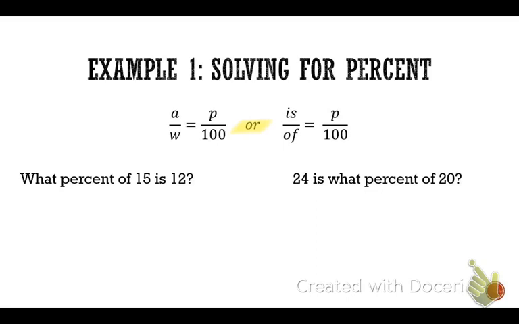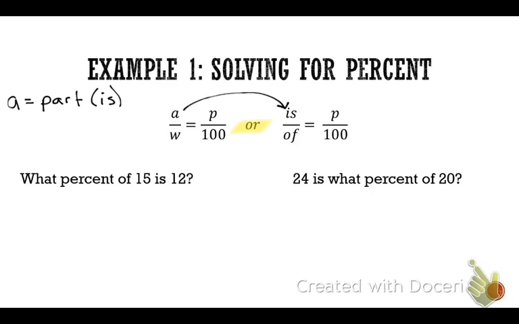So A over W equals P over 100. We need to understand what each variable in the proportion means. A stands for the part, so I want you to write that in your notes. A is the part of the whole. The key word here is "is," which is why you see "is" in the same location on the other formula.